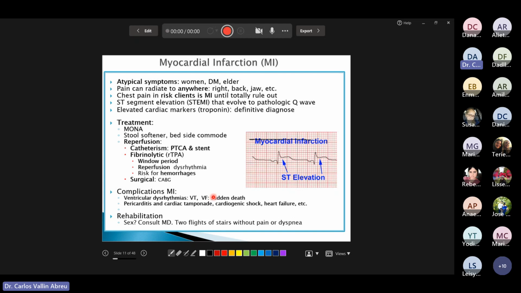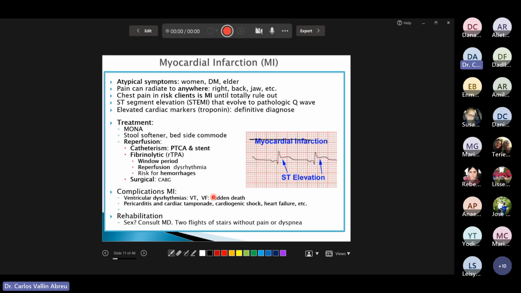So the position of the NCLEX is that the nurse has in mind at all times that myocardial infarction should always be ruled out. Always.